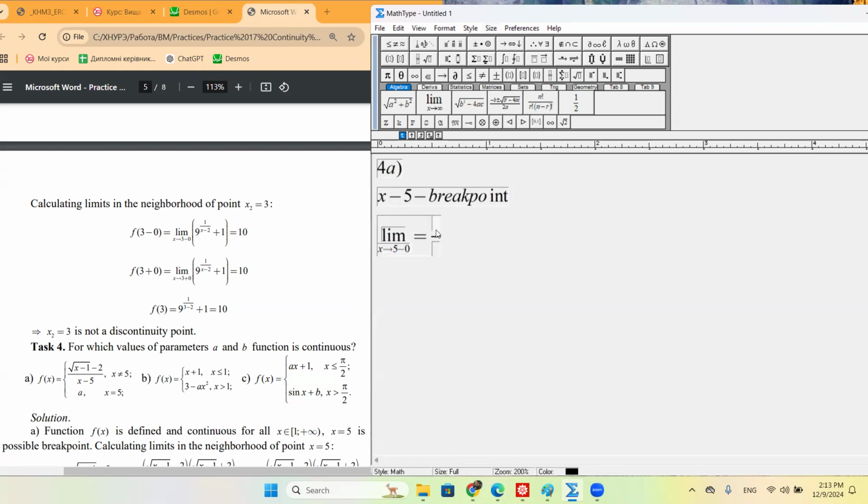So more practice for limits. This is the indeterminate form 0 by 0, and how to solve it? How to eliminate such an indeterminate form? Who can remind me?